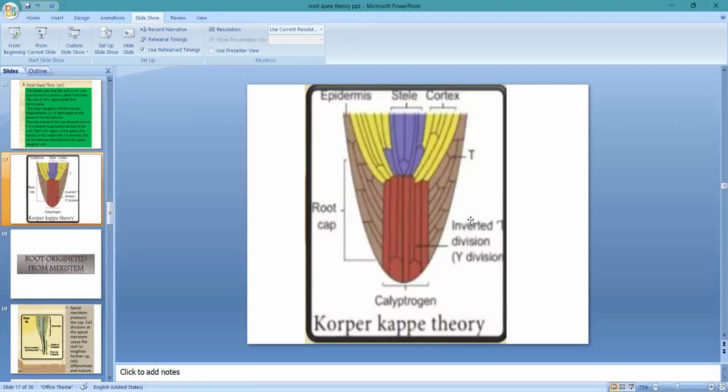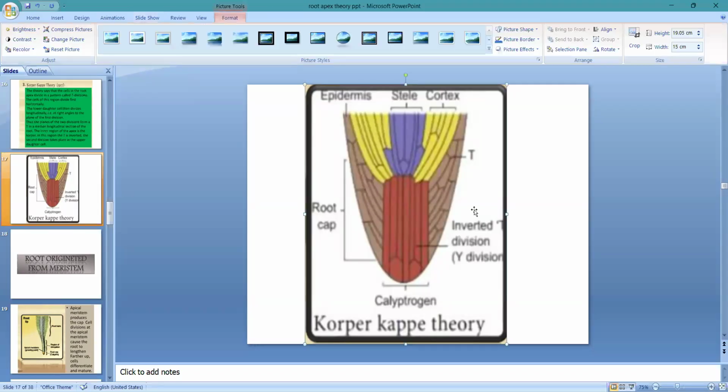So an inverted division is there and a straight division is there. This is the T shaped division in the upper place, and below that is the inverted T division. So these were named Korper and Kappe respectively.